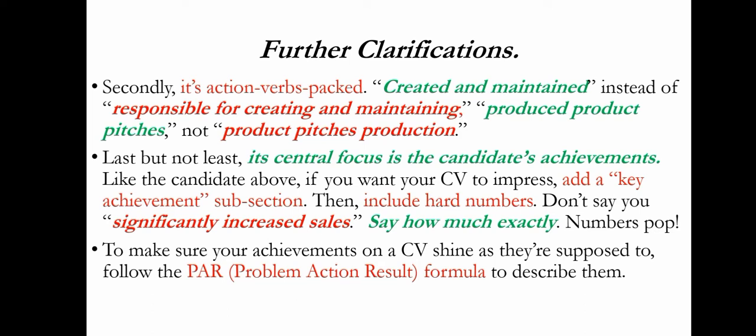He has said that he produced the product pictures, not product pictures production. So guys, make sure that you mention your achievements in an action-verb-packed way rather than mentioning your responsibilities. No one will be bothered to go through that CV.